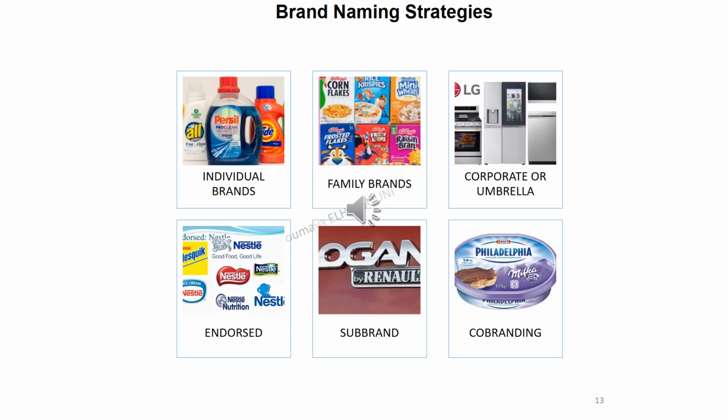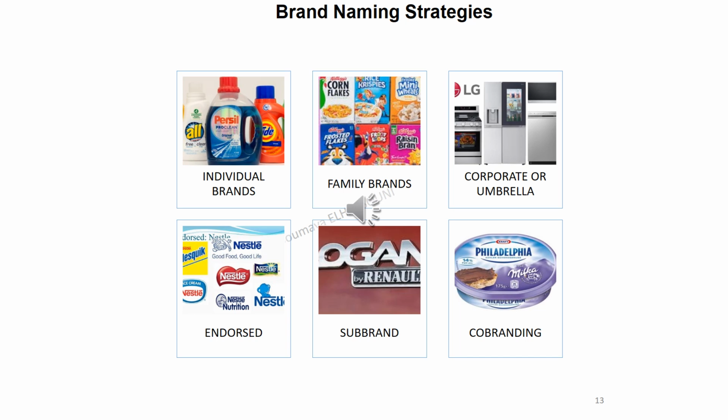Each one carries its own brand equity, and the advantage of naming each product with its own brand name is that each product isn't affected by the reputation of the other products. So, in case of a scandal with another product, it doesn't affect the others. So, it is very interesting.